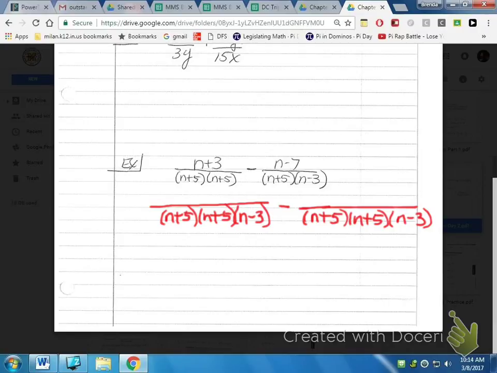And right now on the left, you have 2 n plus 5s. So in our common denominator, you've got to have all of this, and you've got to have all of this. It's just we're lucky enough that this one is already there. So that's why you're getting by with just putting 3 of those binomials down, n plus 5, n plus 5, and n minus 3.